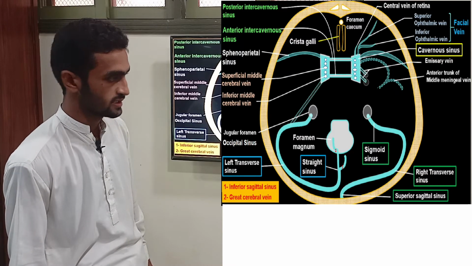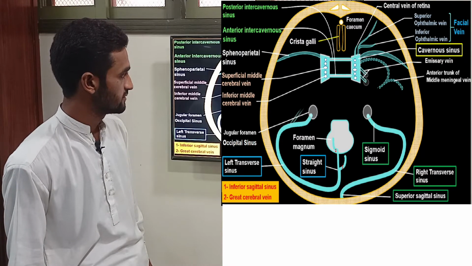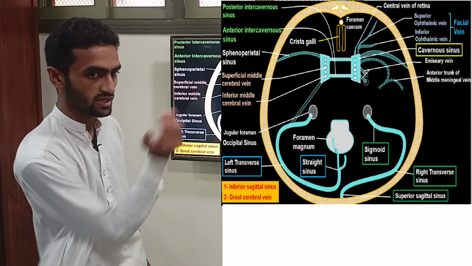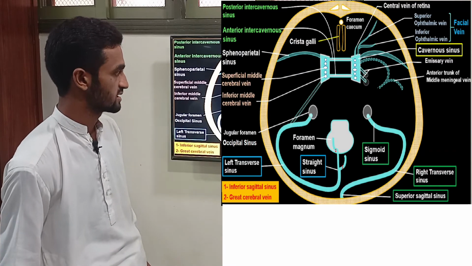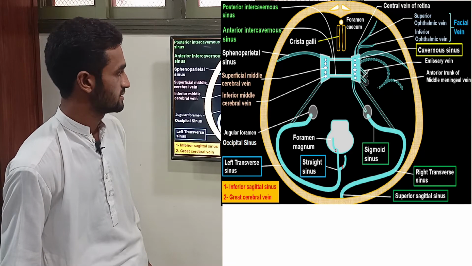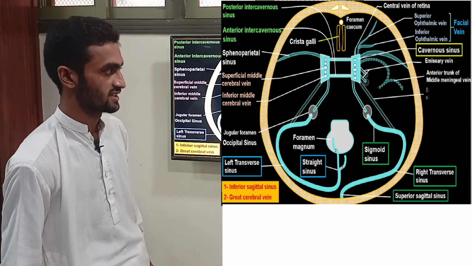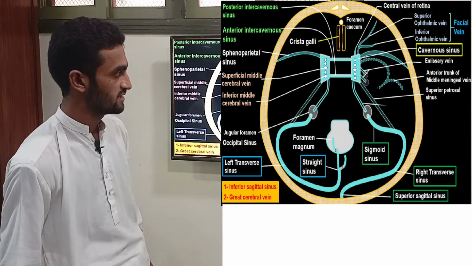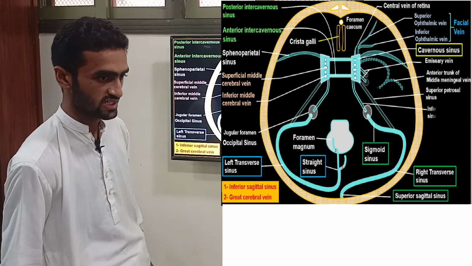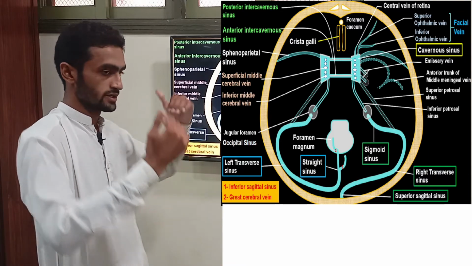This is what takes blood from the cavernous sinus into the sigmoid sinus. These are the superior petrosal sinus and the inferior petrosal sinus. Can you see here? It is a continuous picture.